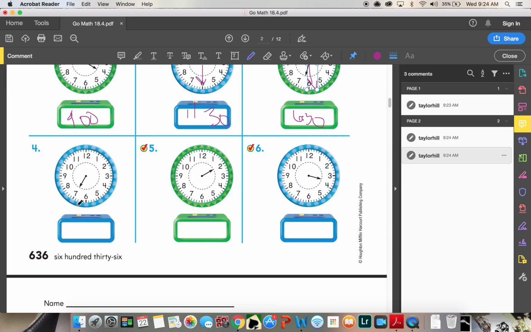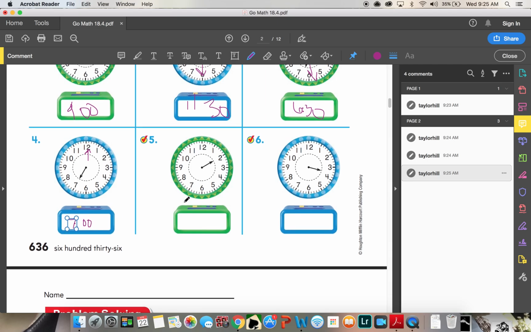All right, number 4. The hour hand is pointing at the 7, so that makes it 7 o'clock. All right, number 5. We have the hour hand pointing at the 2. We're going to make the minute hand point at the 12, which makes it 2 o'clock.